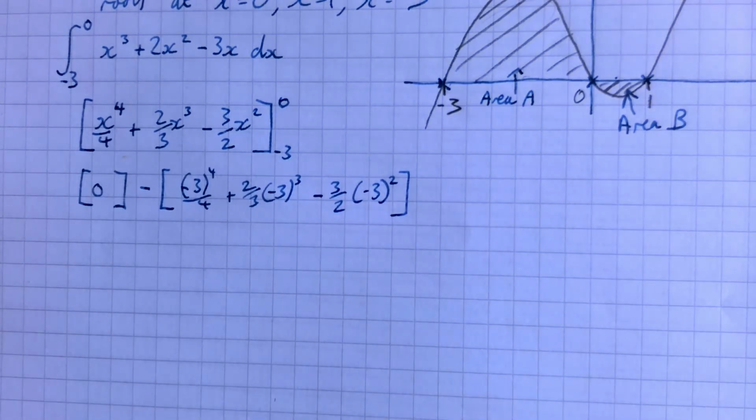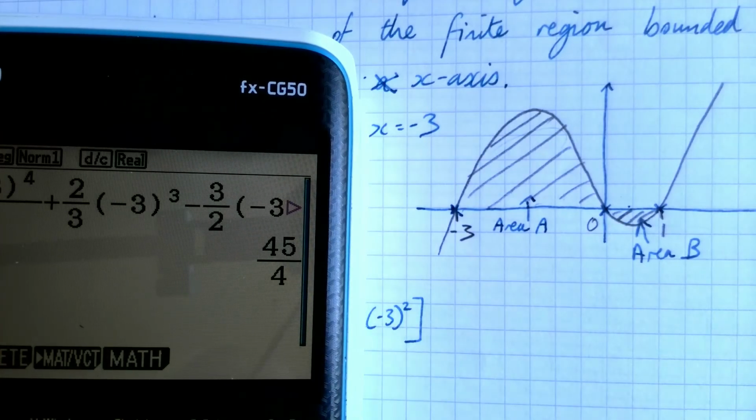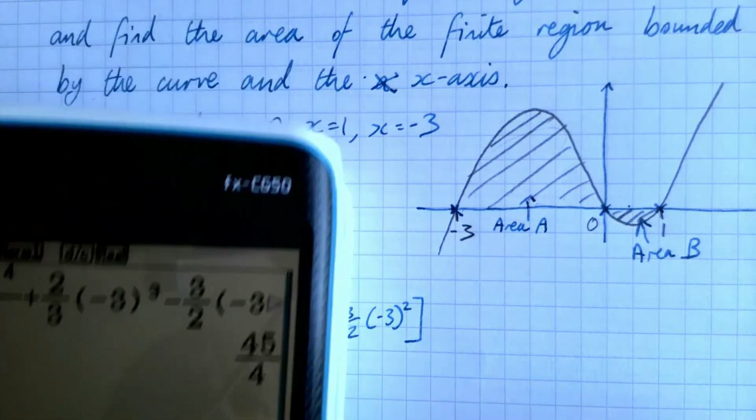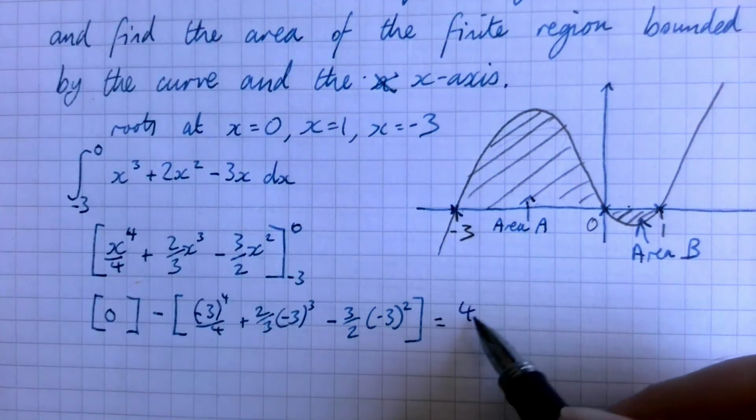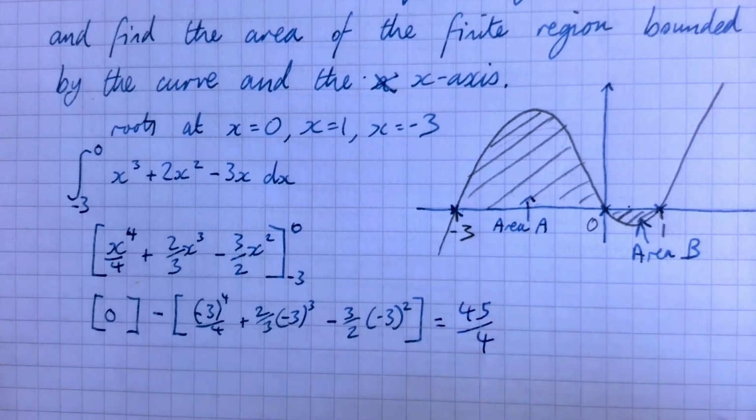You could either work that out manually or pop it all in the calculator, putting brackets in there to make sure of what's going on, and that should give you 45 over 4, and that's area A.